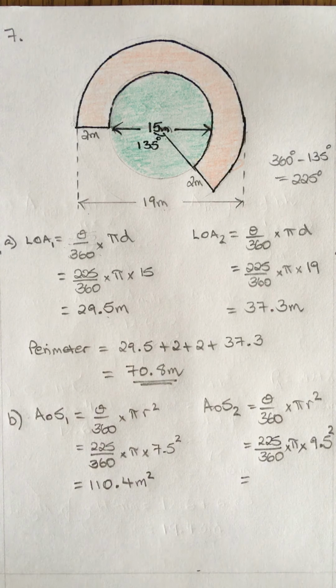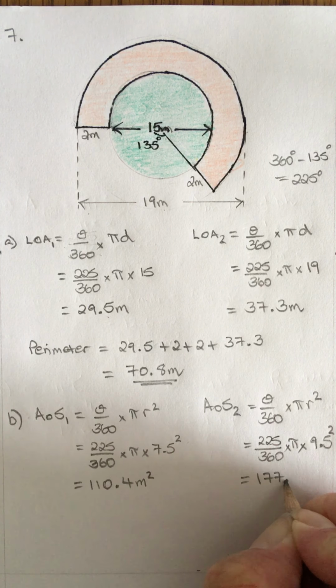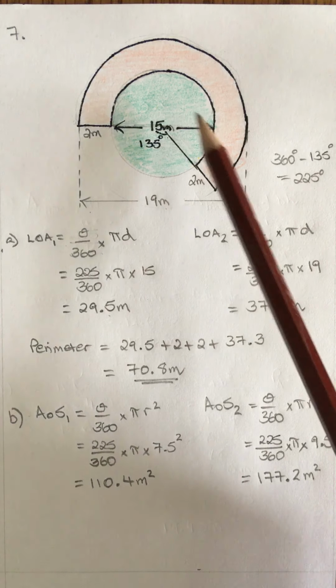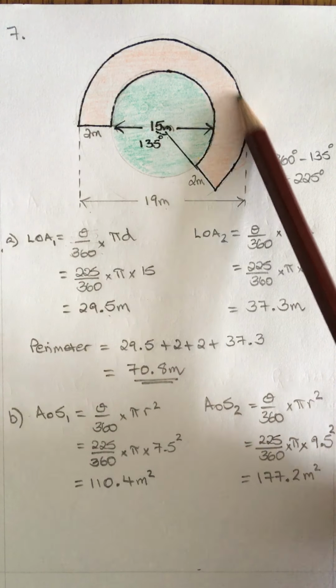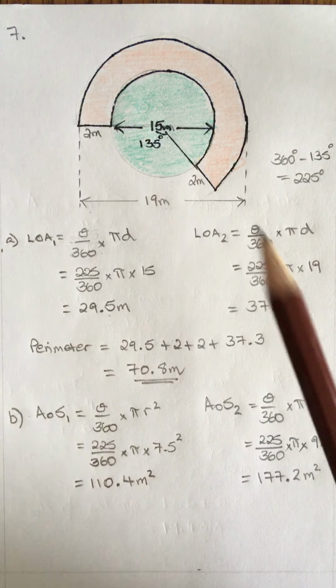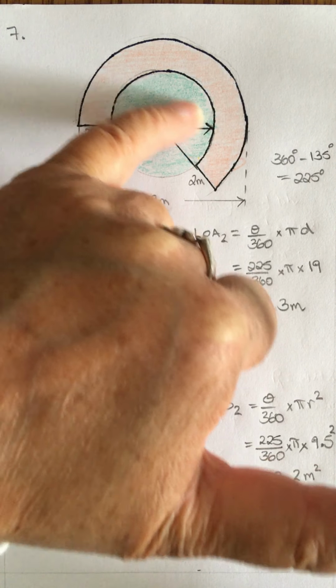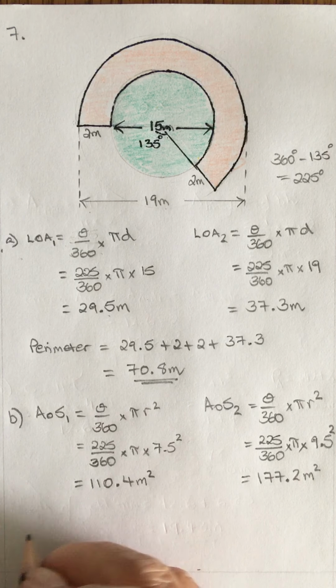So 225 divided by 360 times pi times 9.5 squared equals 177.2, and that's square metres. So we've got the area of that sector there, and the area of the bigger sector there. In order to work out the path bit, we've got to take the area of that green bit, the small one, away from the whole area of the big one, so we get the area of the path.